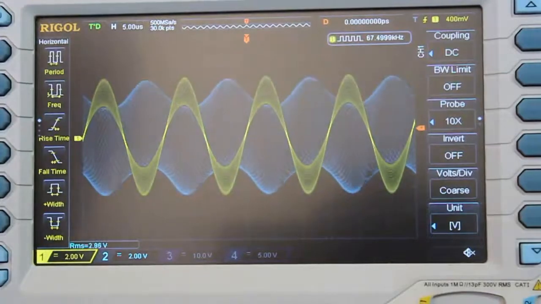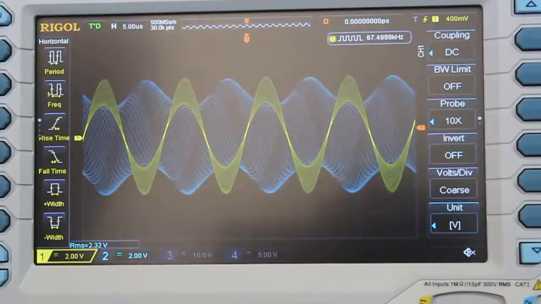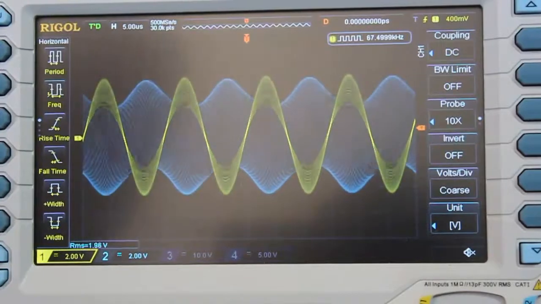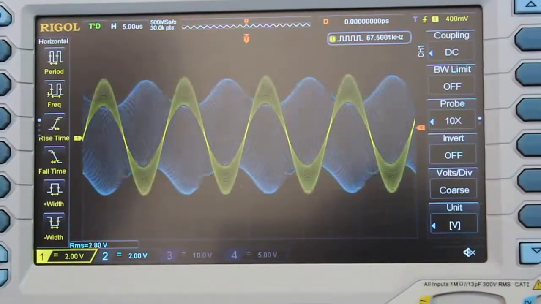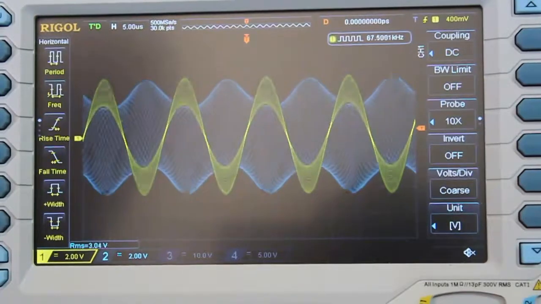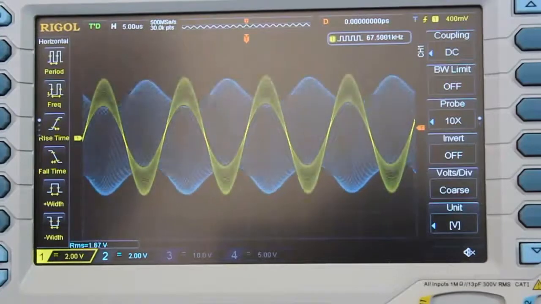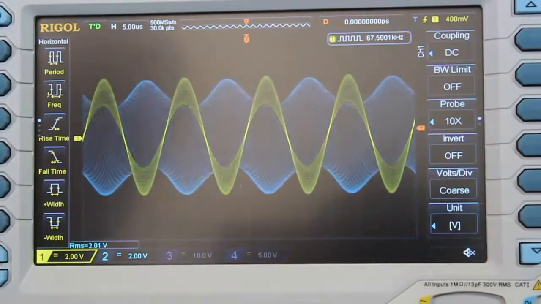So what I really want to show here is how the opposition, and when I say opposition, you can verify that with the right hand grip rule, the opposition of magnetic fields changing in time, interacting with its neighbor's magnetic field, creates this phenomenon.